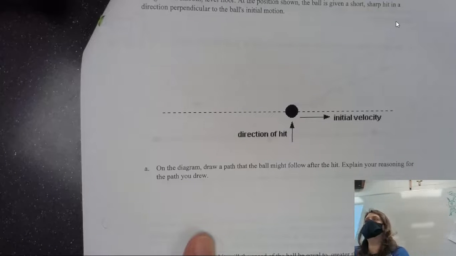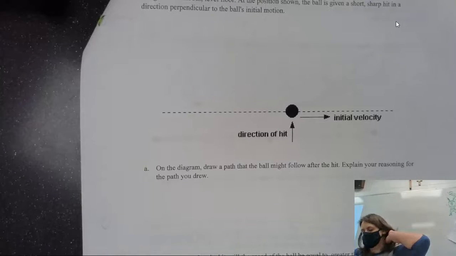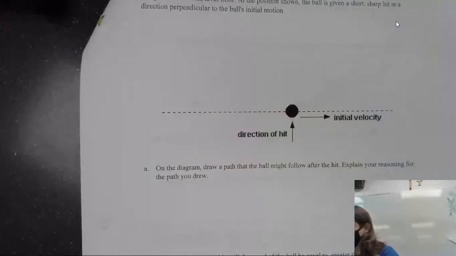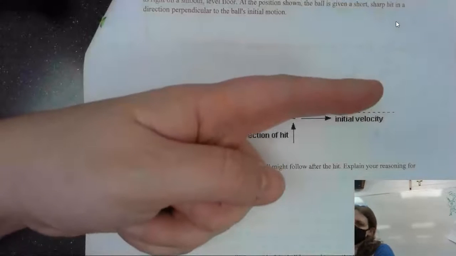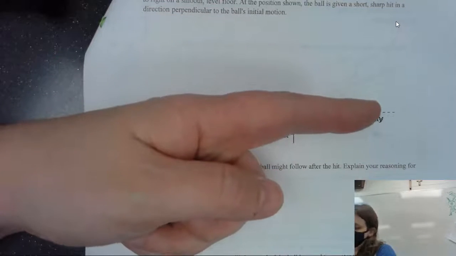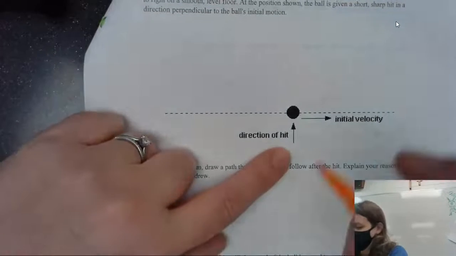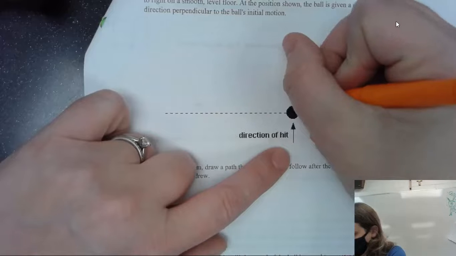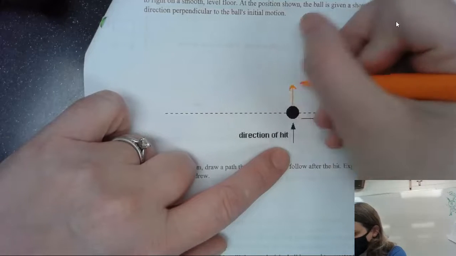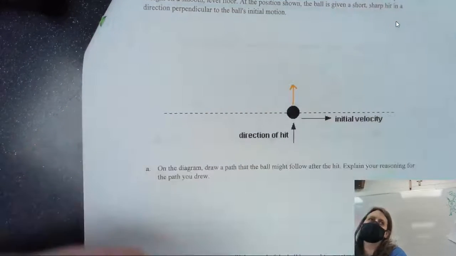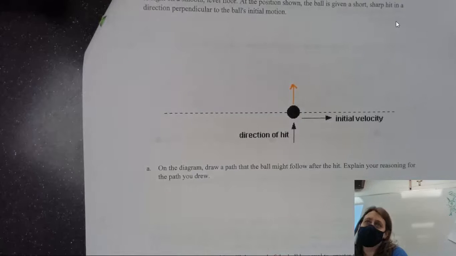And so what we need to do here is just connect these vectors and figure out where our ball is going to go. So to do that, I'm going to reimagine this a little bit. We already know that our bowling ball is traveling with velocity to the right. But this arrow that it's hit by also indicates that now it's going to be traveling upwards a little bit. So we're going to do that thing like we did when we were figuring out vectors.